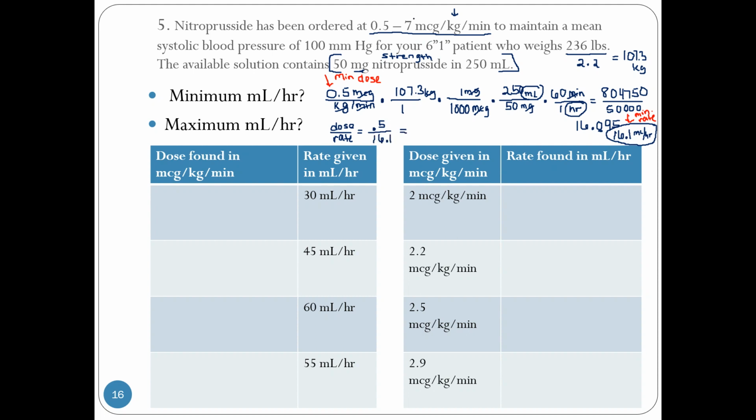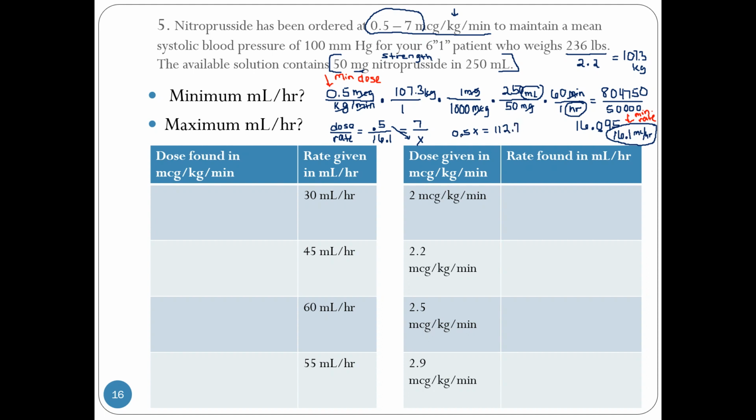My maximum dose is up here in this range. And so the 0.5 is the same label as 7. And I don't know what that maximum milliliter per hour rate is, so I will cross multiply. I get 0.5x is equal to 16.1 times 7, which is 112.7.